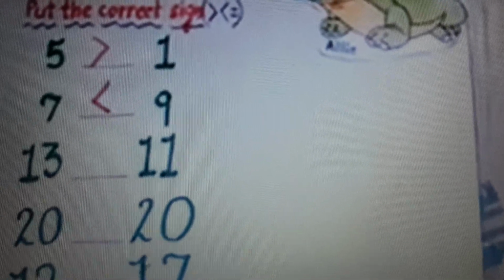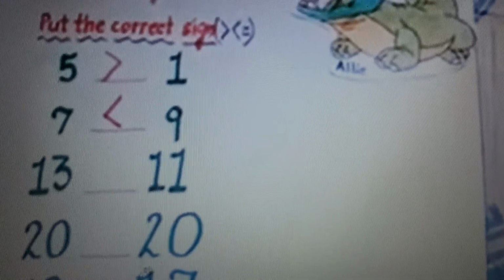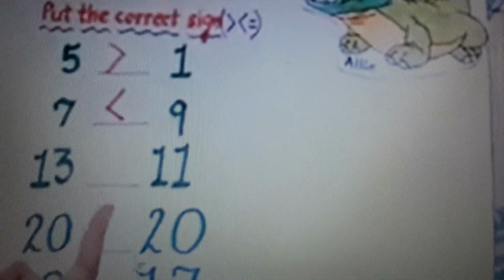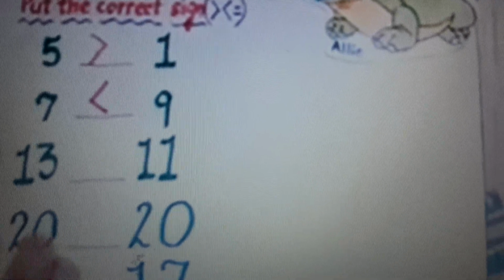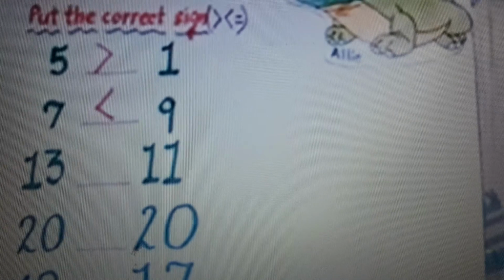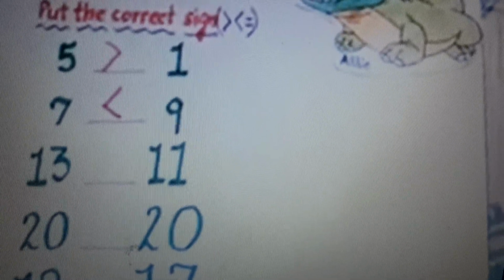Now 13 and 11, which number is big? 13 or 11? Tell me. 13 is greater than 11. So, crocodile is going to eat 13 now. So, let's keep the mouth open towards 13 like this.